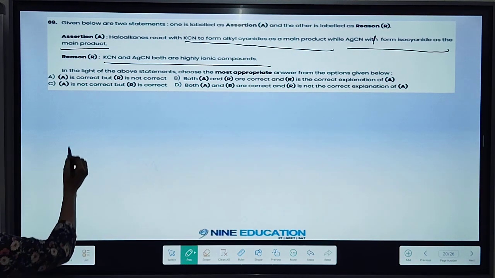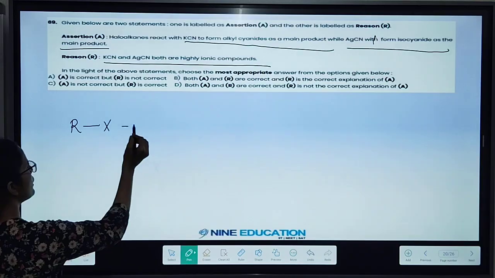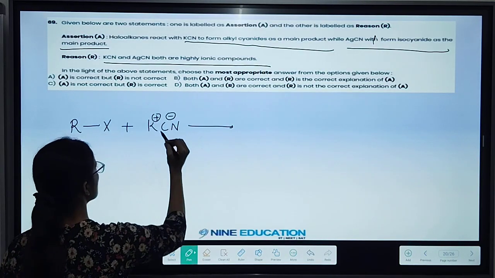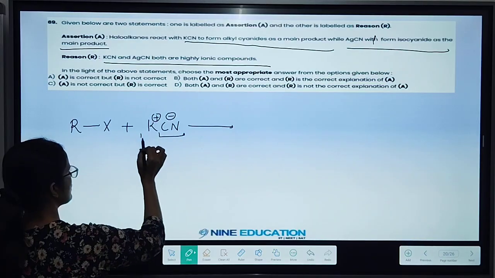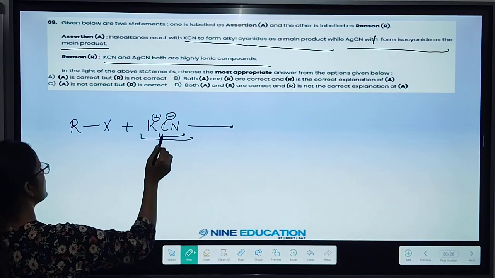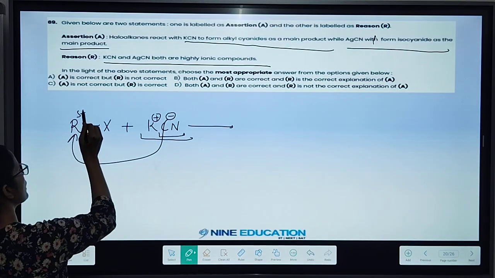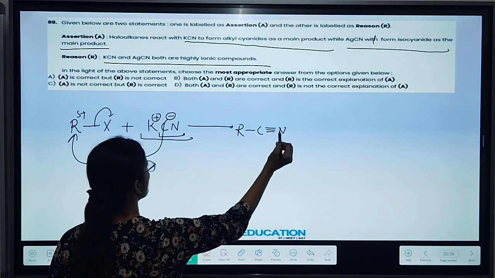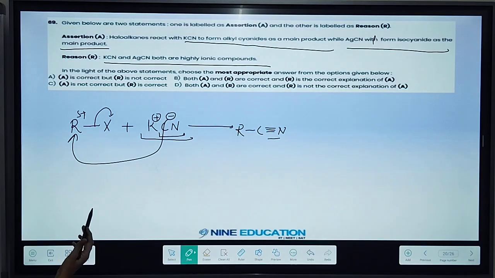Fine. So if we have any RX and we react it with KCN, we know it is K positive and CN minus. KCN is an ionic compound, so CN minus will be the nucleophile, attacking the delta positive carbon and X is released. The compound formed is R-C triple bond N. It's a textbook based question, not a difficult one.